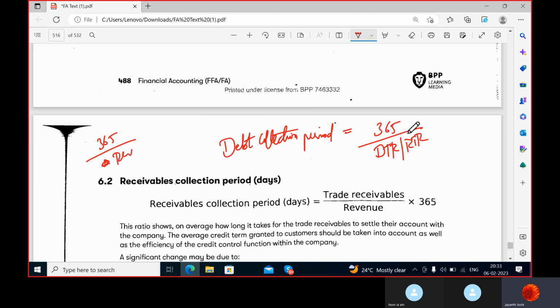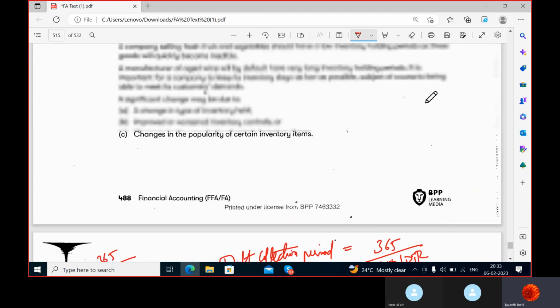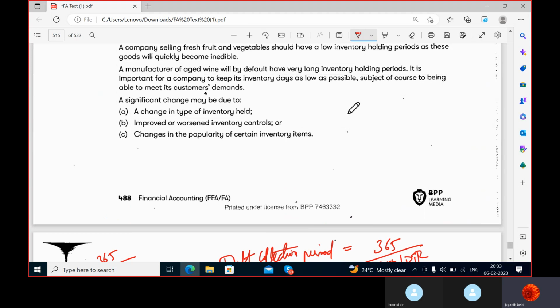One thing you should understand, we don't differentiate between credit revenue and cash revenue. Whatever revenue comes, how do you account cash revenue and credit revenue? Suppose I did a sale of $100,000 on cash basis. So I write revenue in the income statement of $100,000, and in the cash account, I write $100,000 in the balance sheet.